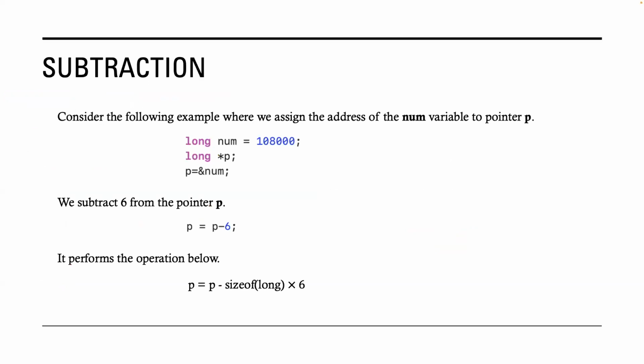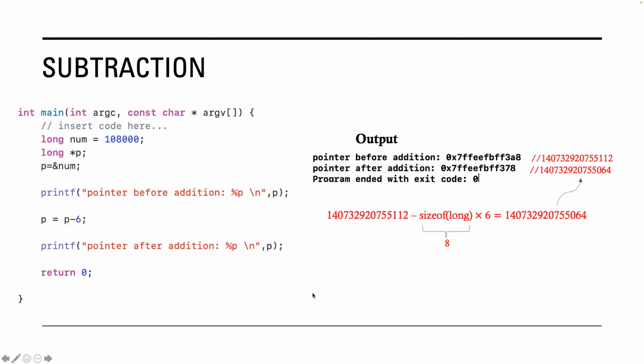Okay, you can also do the subtraction. If I reduce 6 from the value of the pointer, the operation actually works like this: it is p minus size of the data type times 6.